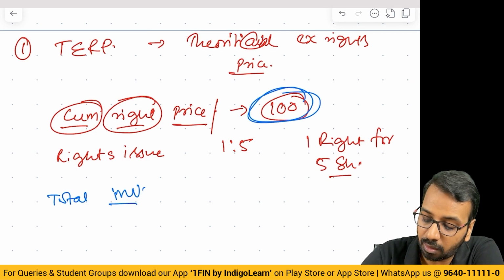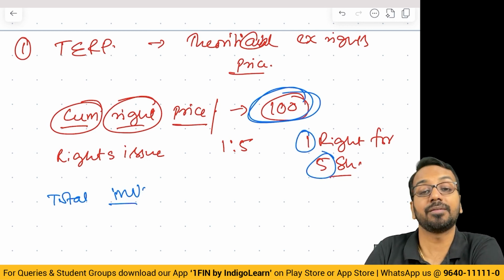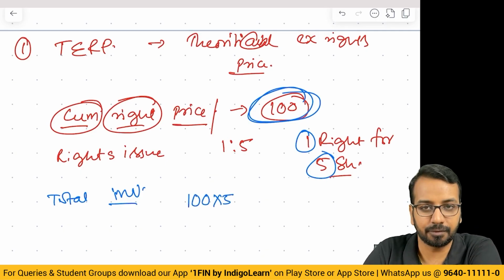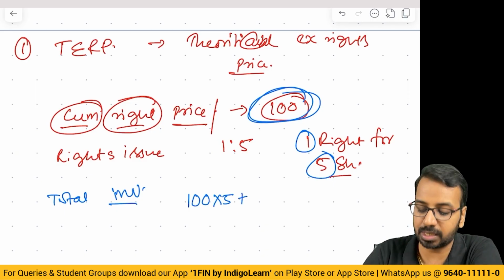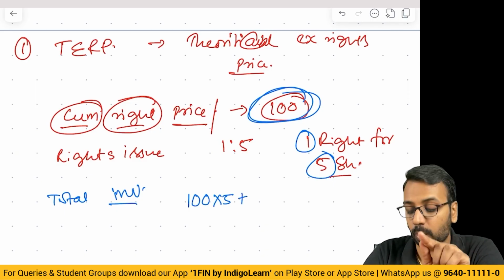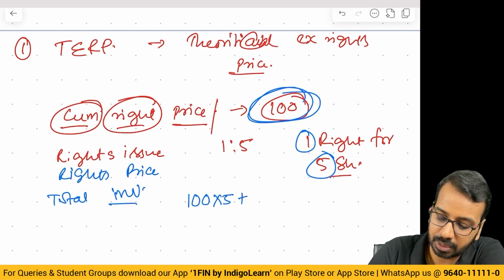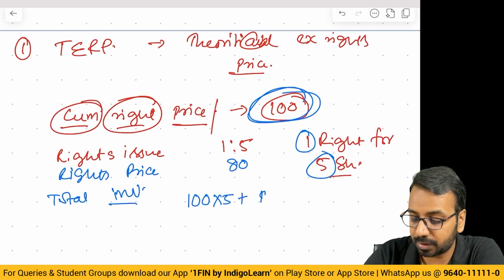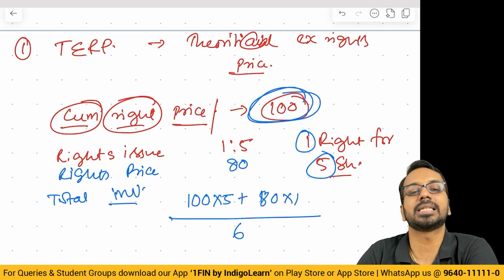I need 5 shares for one right. So, I have to buy 5 shares from the market. 100 multiplied by 5. This is my investment for original shares. Plus, I have to pay for one right share. Let us say, rights price is 80. For one right share, I have to pay 80. 180 multiplied by 1. And now I have a total of 6 shares.